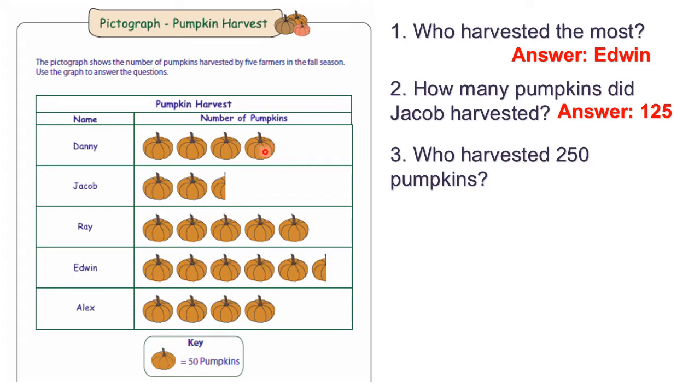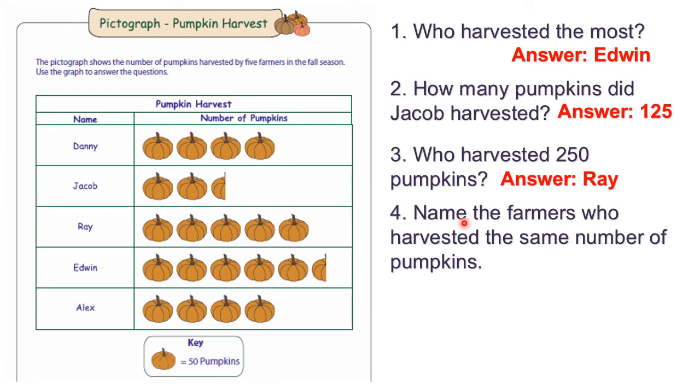So no, it's not Danny. Is it Jacob? Jacob already has 125. So no, it's not Jacob. Let's go to Ray. 50, 100, 150, 200, 250. Oh, 250. That means the answer is Farmer Ray.